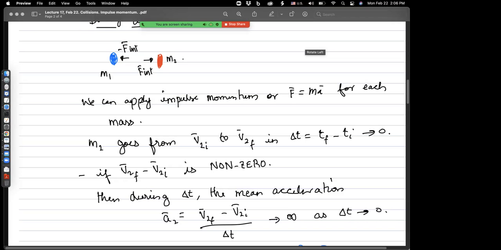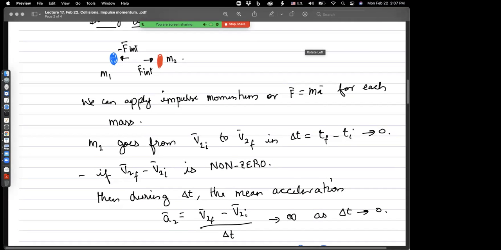It's not necessarily 0, as we described. And the denominator is going to 0 because the duration is going to 0. So the numerator, some finite number, divided by a denominator going to 0, means that the acceleration of this object is basically infinity over that very, very short period of time, right?